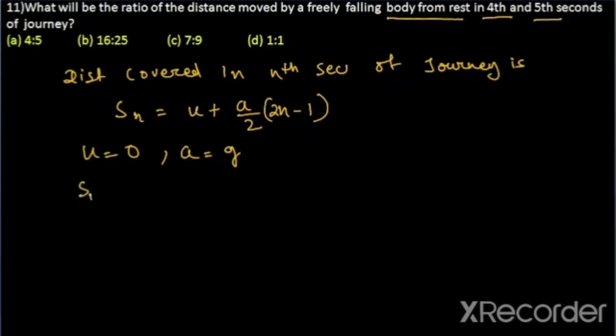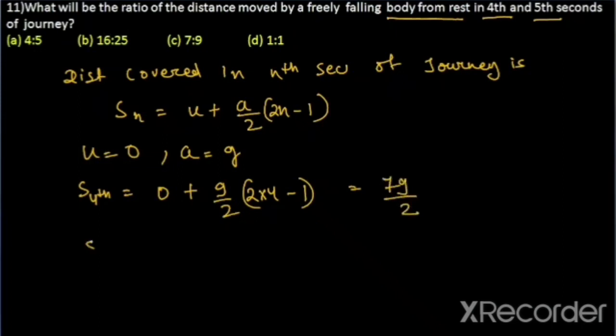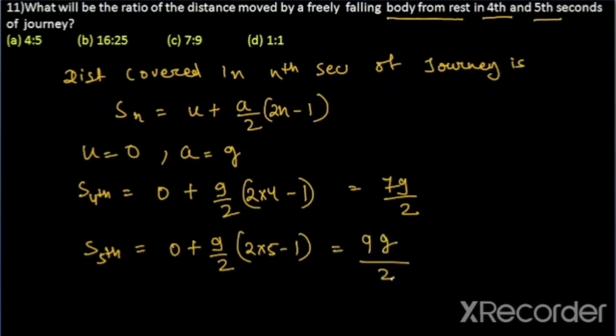So distance at the 4th second is equal to 0 plus g by 2 into (2 into 4 minus 1), that is 2 into 4, 8 minus 1, 7g by 2. Distance covered during the 5th second is 0 plus g by 2 into (2 into 5 minus 1), 2 into 5, 10 minus 1, that is 9g by 2.